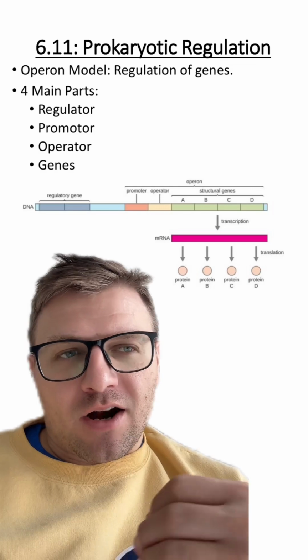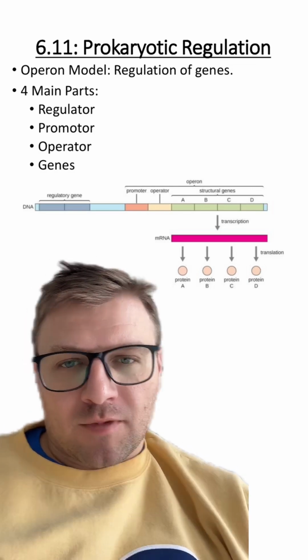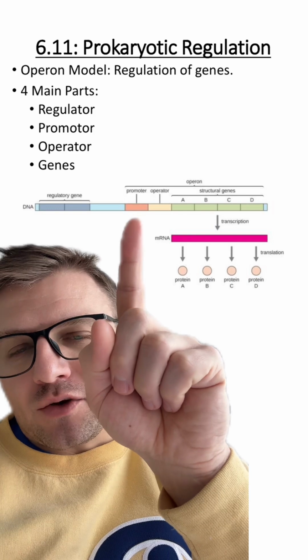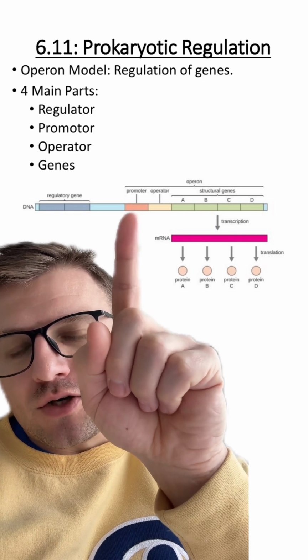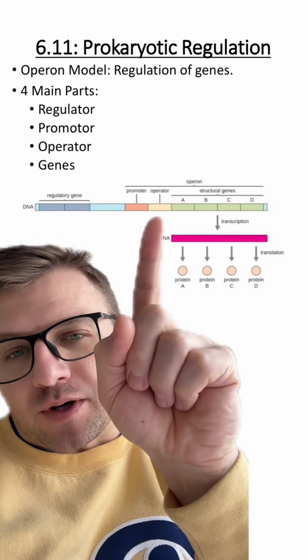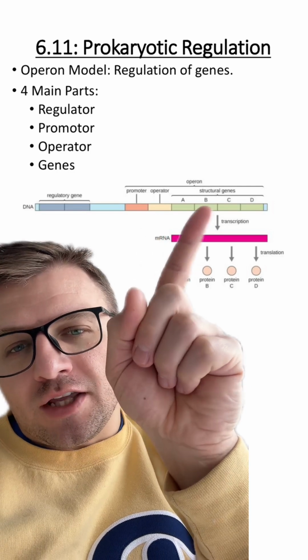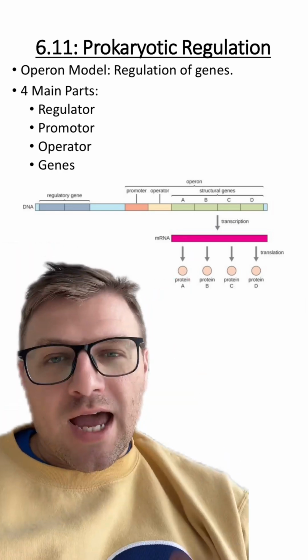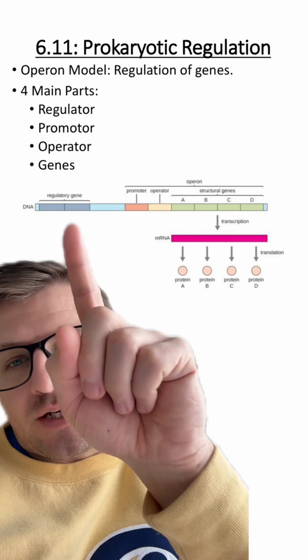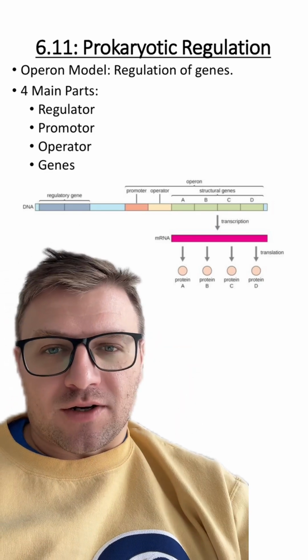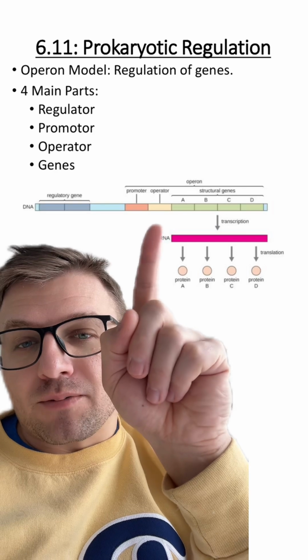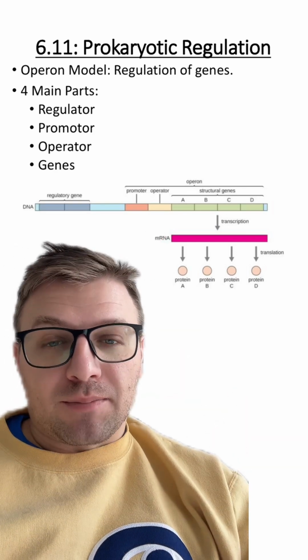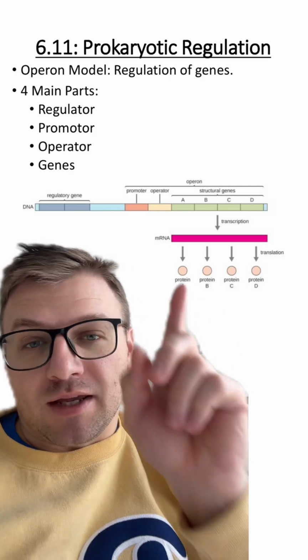Let's look back here at our original diagram of an operon. First, you have your promoter, which is the location where the RNA polymerase binds to. You have your operator, which the repressor binds to. And you have your genes that are going to be transcribed into RNA that makes some type of protein. Outside of our operon, we have this regulator gene that's going to make a repressor. Now, our repressor is going to bind to the operator, and it's going to stop RNA polymerase from transcribing the genes.